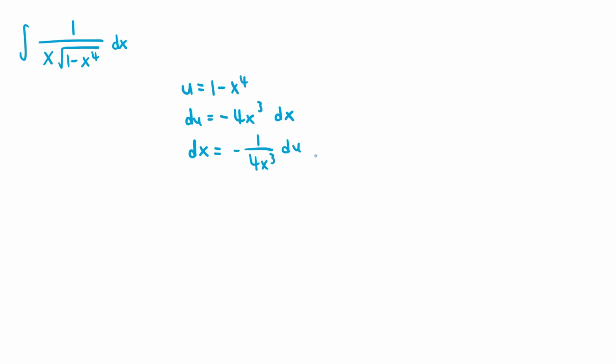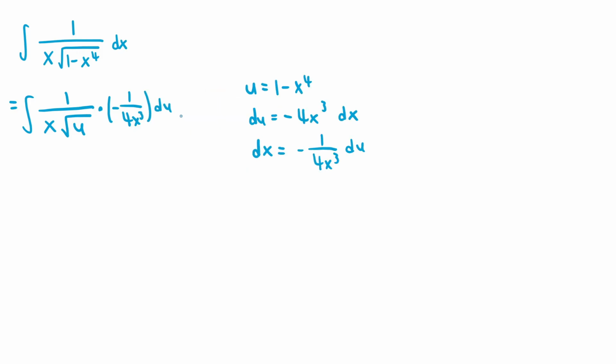If we substitute this into the expression, then this becomes the integral of 1 over x times the square root of u, since the square root of 1 minus x to the fourth just becomes the square root of u, and we still have the dx term, which is equal to negative 1 over 4x cubed du.